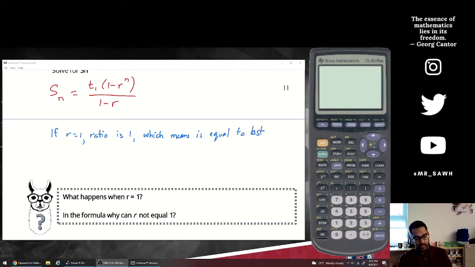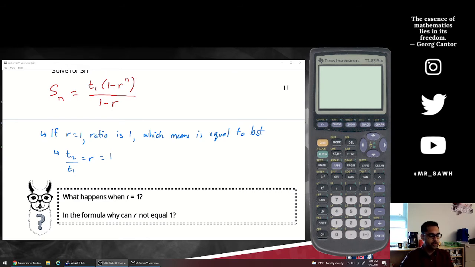Remember how to find a common ratio: you could take t2 and divide it by t1 to get r, but if your ratio is 1, that means t2 and t1 have to be the same thing, which means t3 divided by t2 will also give you 1. They're identical. The terms have to be the same.